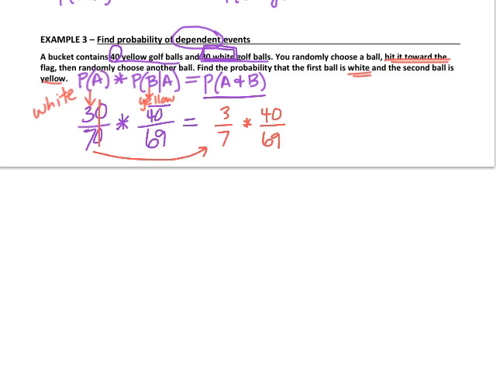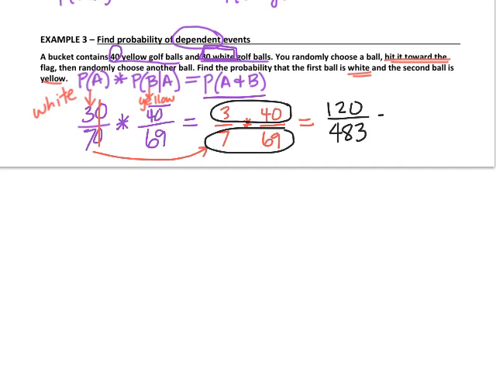That just makes it easier to work with these numbers. So again, we're just going to multiply across the top. 40 times 3 is 120, and 7 times 69 is 483.